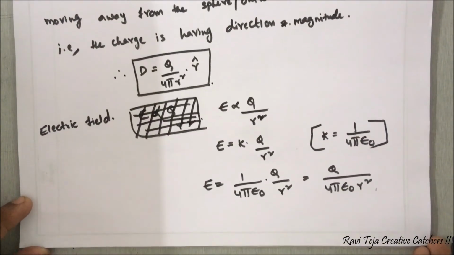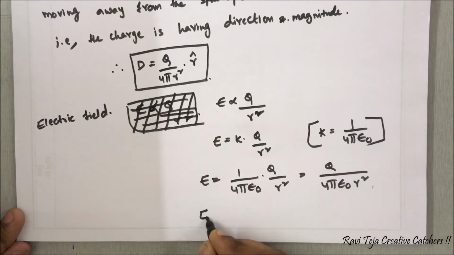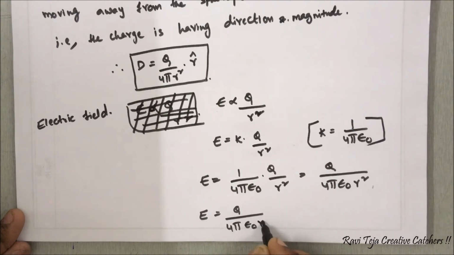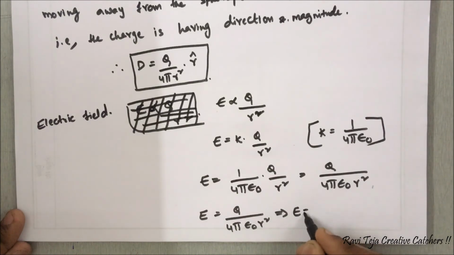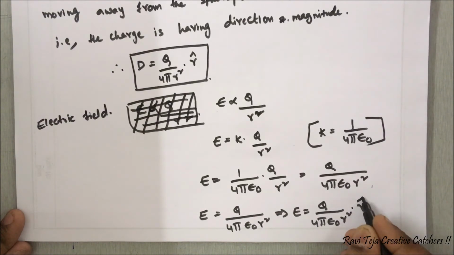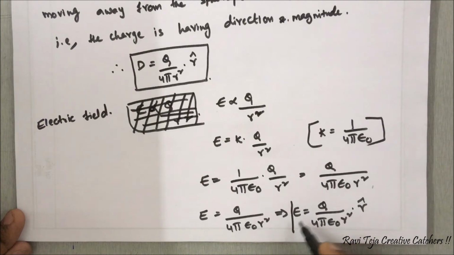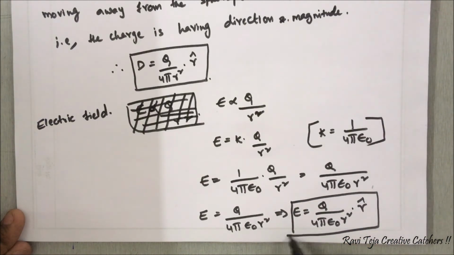Okay. Therefore E is equal to Q by 4 pi epsilon naught r square. If we write this particular equation in a vector form, what we get? E is equal to Q by 4 pi epsilon naught r square into r cap. This is the electric field in vector form.